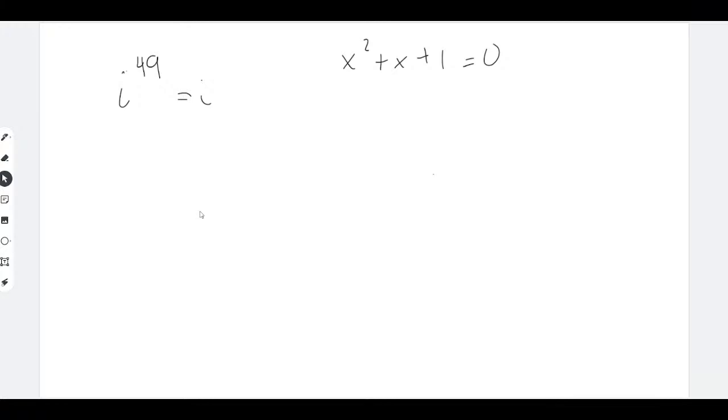Okay, negative b, plus minus, square root of b squared minus 4 times a times c, divided by 2a.